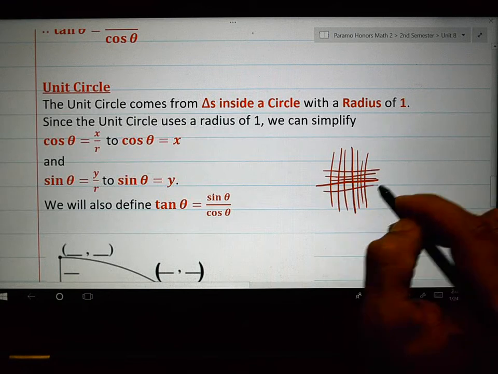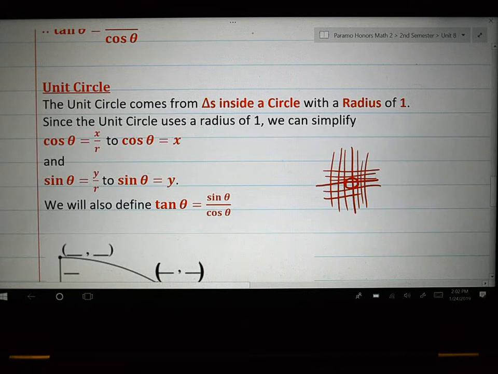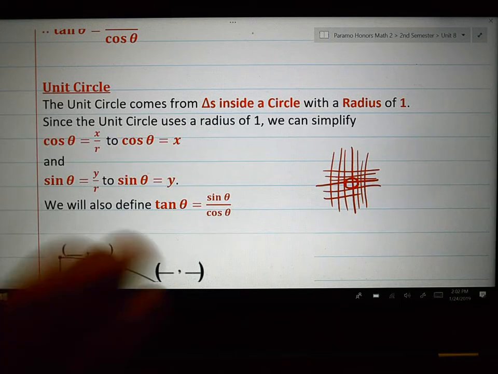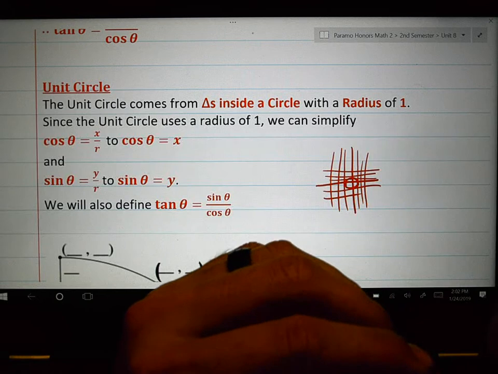If we're talking about a radius of 1, we're talking about the innermost, smallest little circle. That's what we're really talking about. The radius is 1. This means that if we go to the unit circle, with a radius of 1, we'll be able to figure out everything else based off of this particular size of radius. Don't let that freak you out.